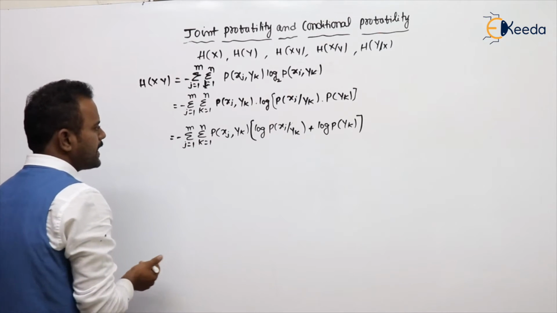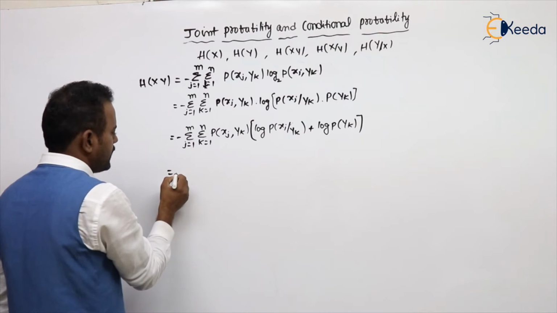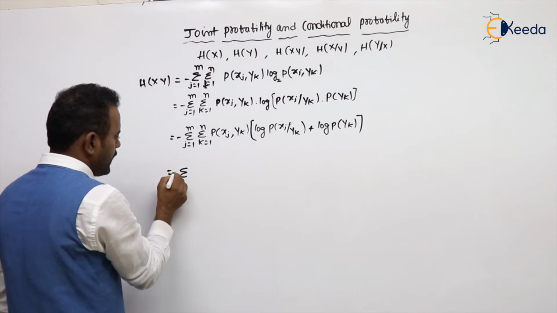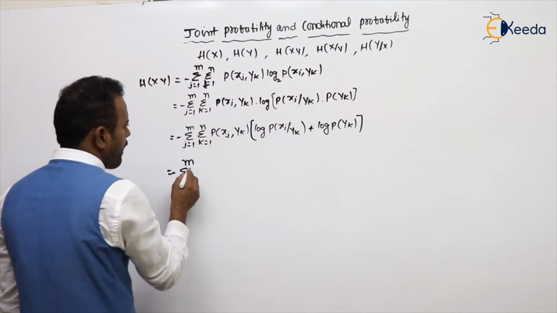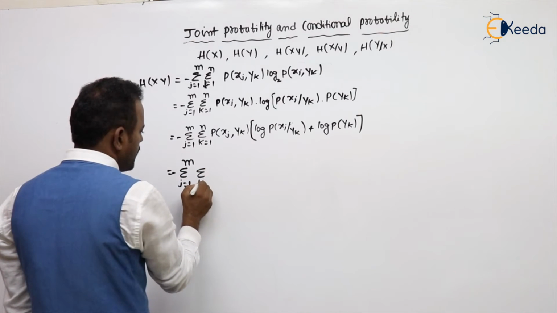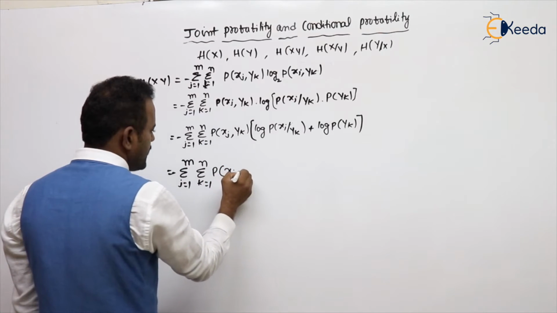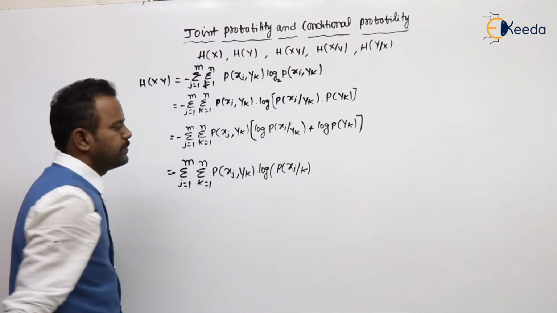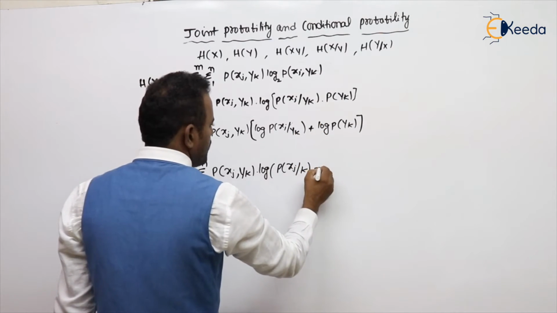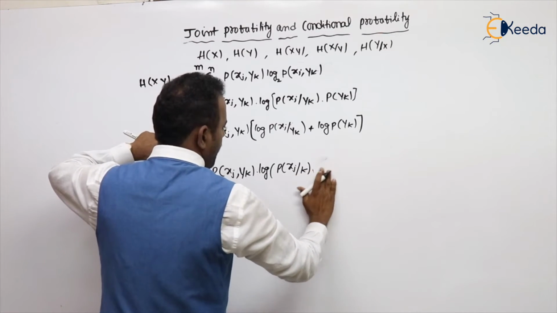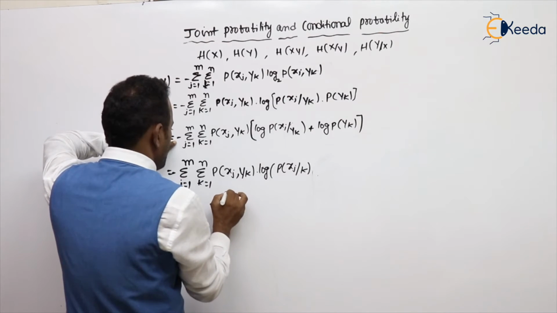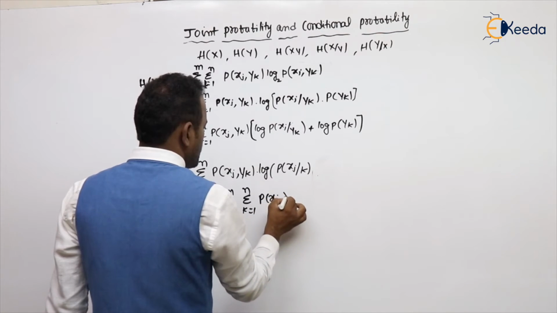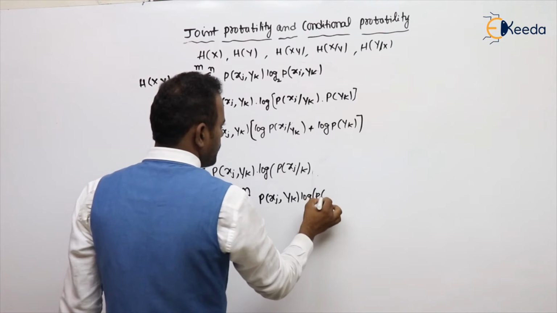So expanding, we get minus summation j equal to 1 to m, summation k equal to 1 to n, probability of xj comma yk into log probability of xj by yk, minus summation j equal to 1 to m, summation k equal to 1 to n, p of xj comma yk into log p of yk.